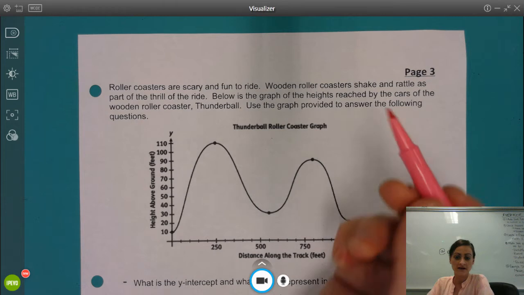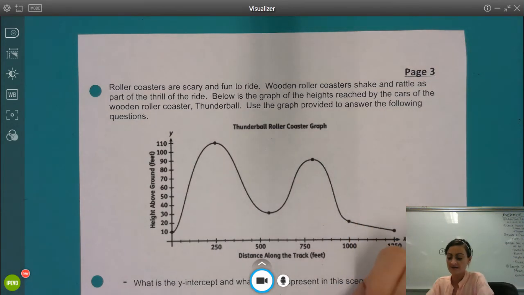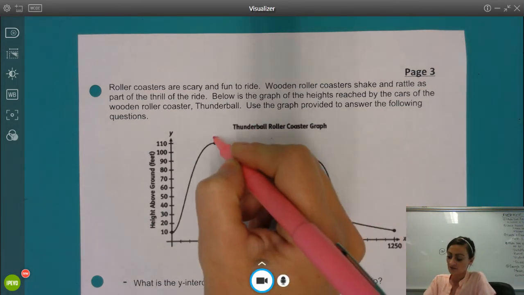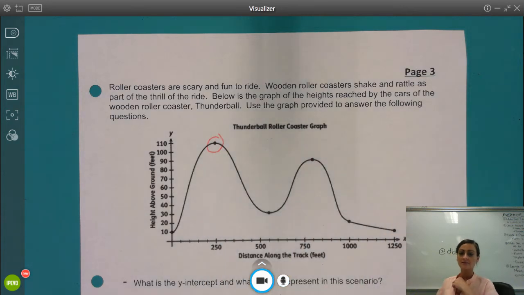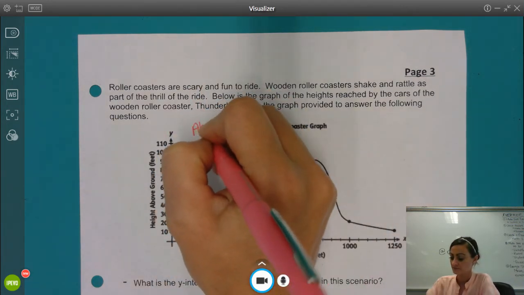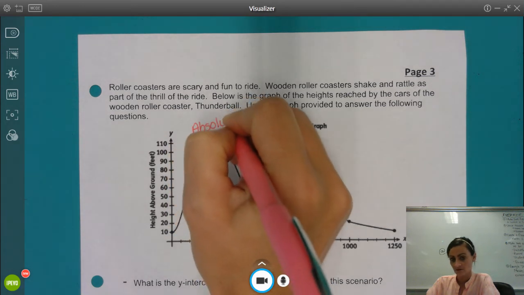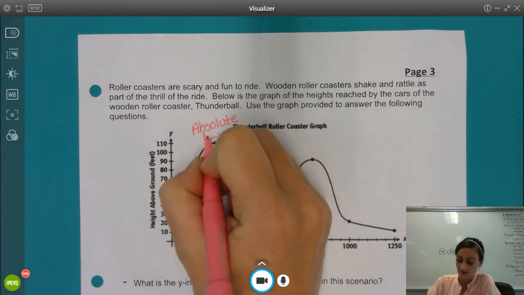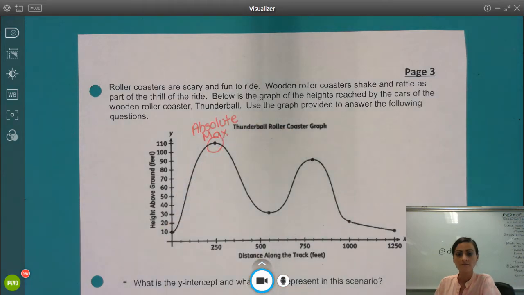So hopefully you had enough think time for that. This point right here is the absolute highest point on the graph. So this is our absolute maximum. And we write our absolute maximums or any coordinate point on a function or a graph as a point.